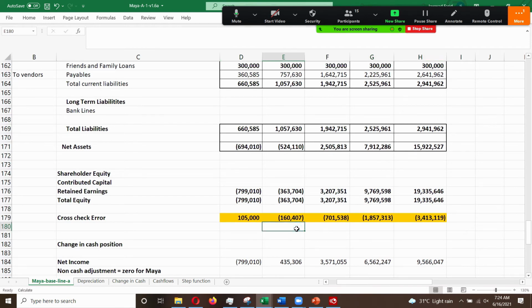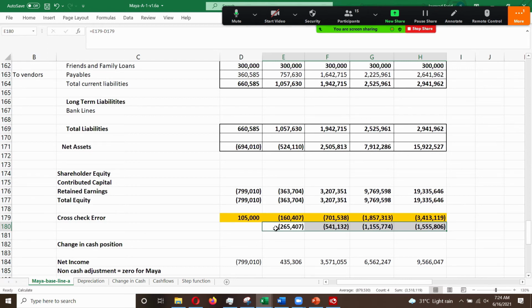Where is that difference coming from? Let's take a quick look. So you take a look at the trend. Why do you think this difference is coming? Does this look familiar?